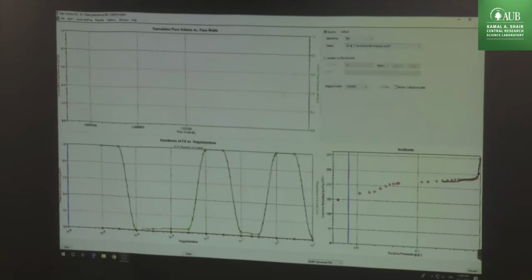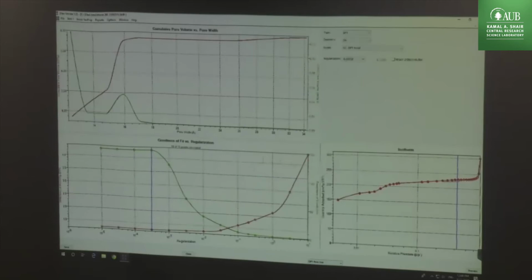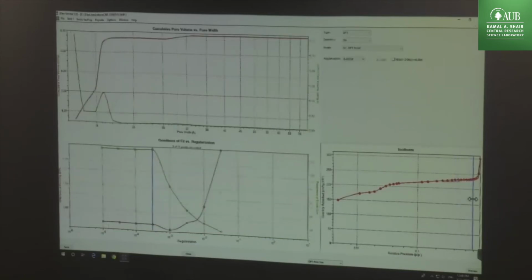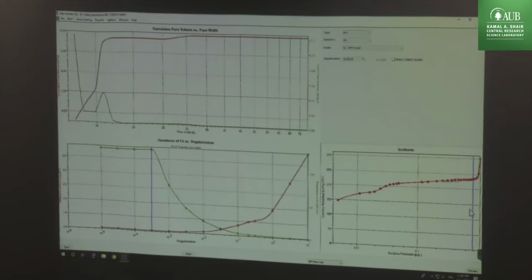We have no models in this case, okay? You need to download it. It says, let's see the DFT then. Okay. Let's see if I can get nicer things here.